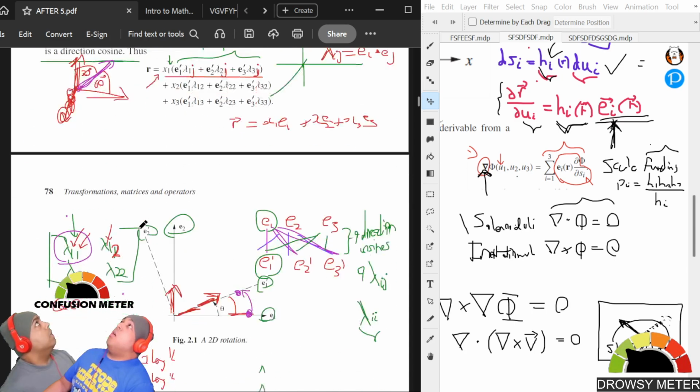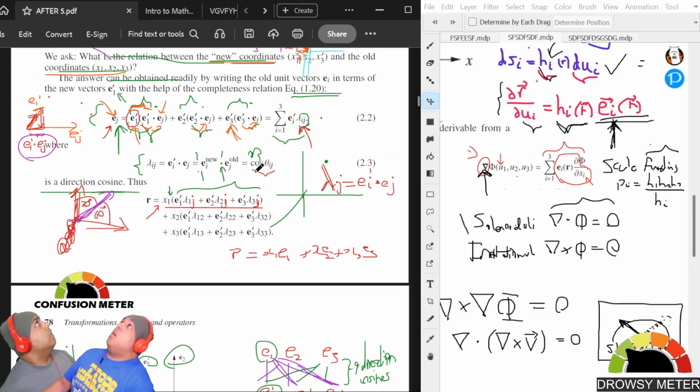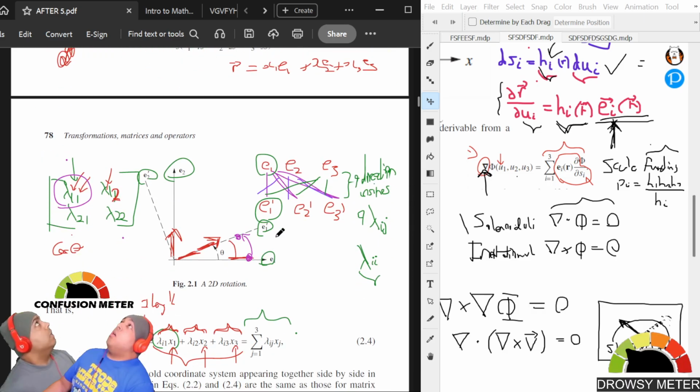Lambda cos theta ij. Does that mean I2j? I assume it does. So new one to old one, new one to old one. Okay, I'll see in the solution what they count as negative and positive.